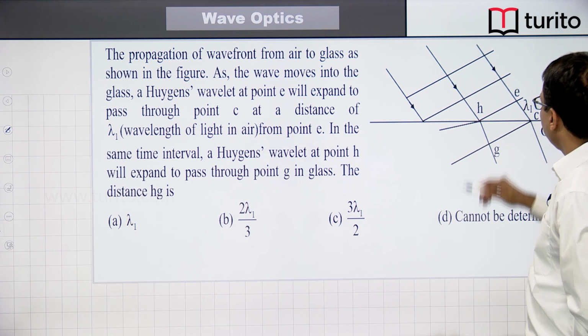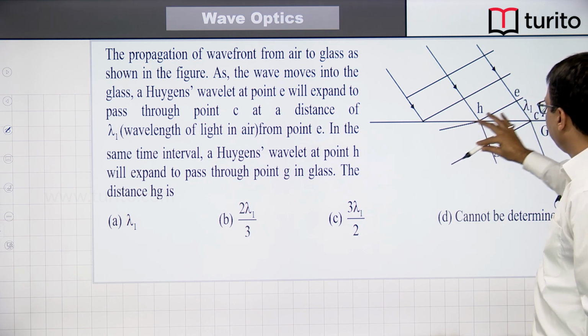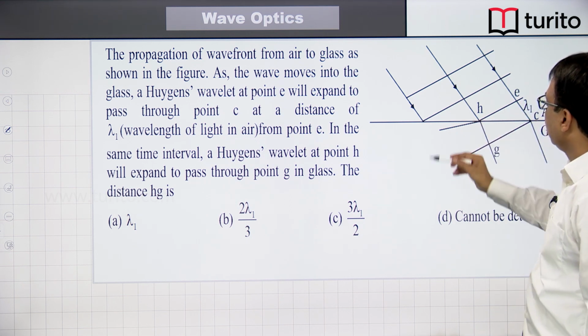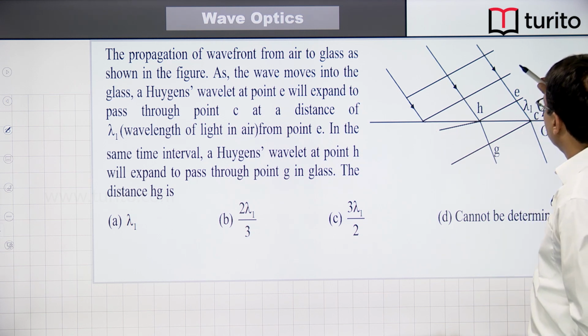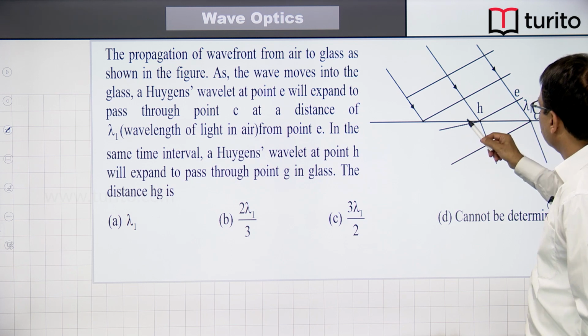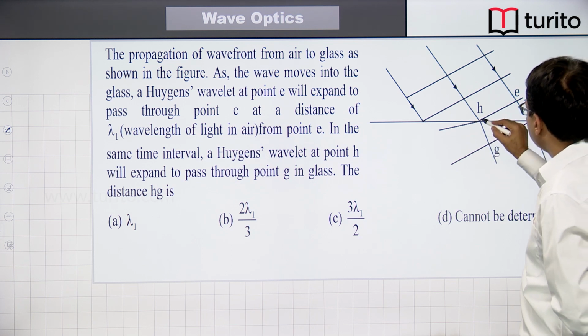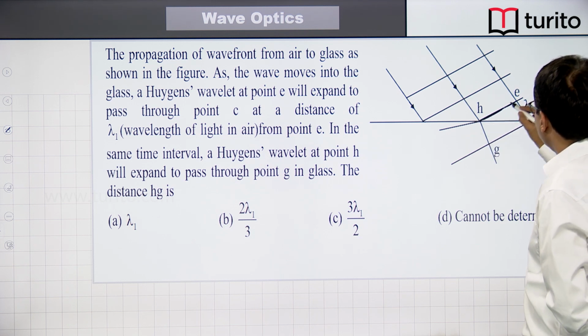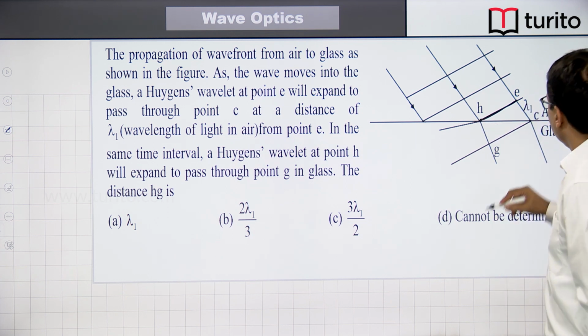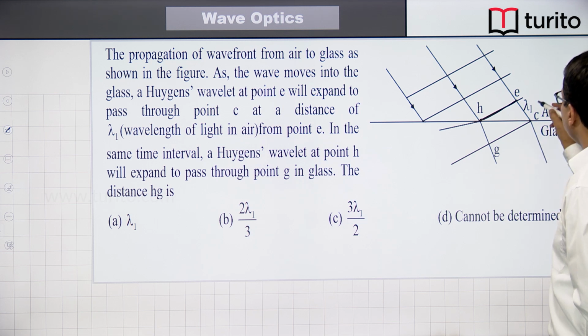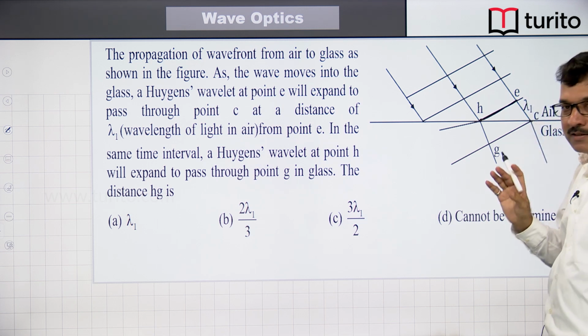This is the incident wavefront and this is the refracted wavefront. This point strikes the boundary first, and if you consider only this section of the wavefront, then point H strikes the boundary first and point E strikes the boundary at point C after some time.